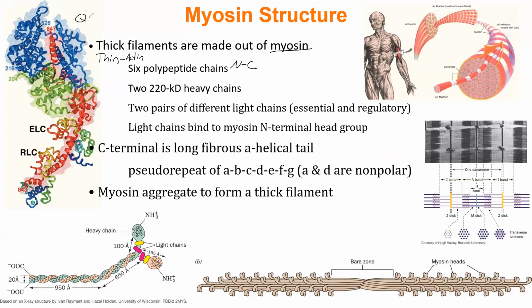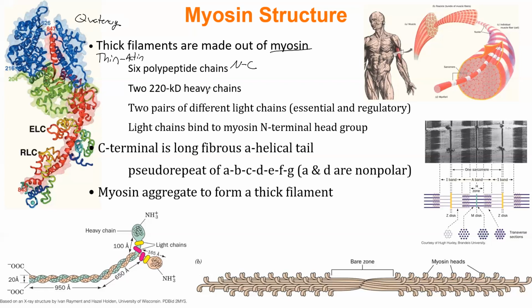So what we're looking at here is the quaternary structure of myosin. Remember, quaternary means many peptide chains coming together. And what is the 3D shape of those peptide chains? We can break down these peptide chains into heavy and light chains.